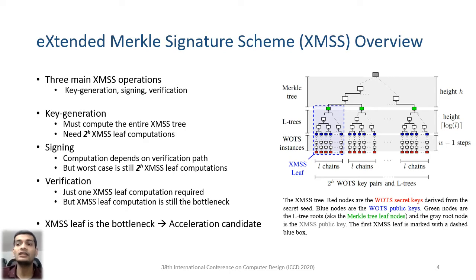But the worst case for signing still involves 2^h XMSS leaf computations. For the verification operation, only one XMSS leaf computation is needed, but it is still the most compute-intensive portion of this operation. Overall, the XMSS leaf computation is the most used and the most compute-intensive step in the XMSS scheme. Therefore, the XMSS leaf computation is the perfect candidate for hardware acceleration.